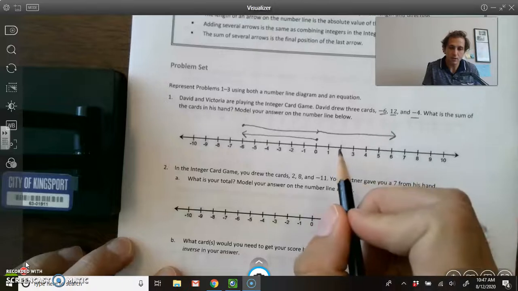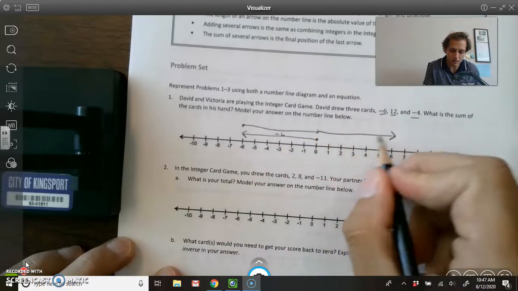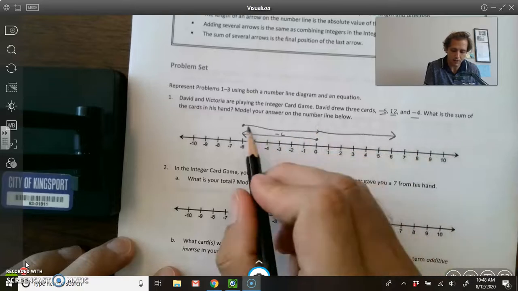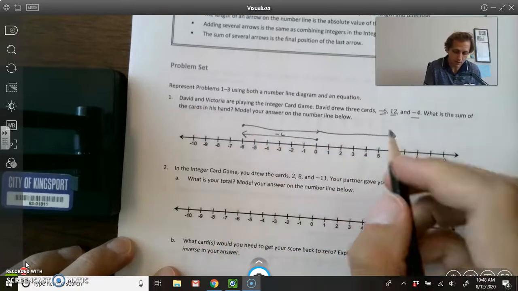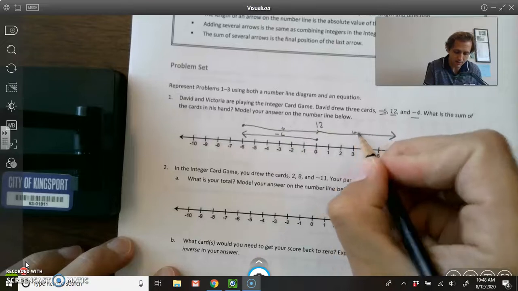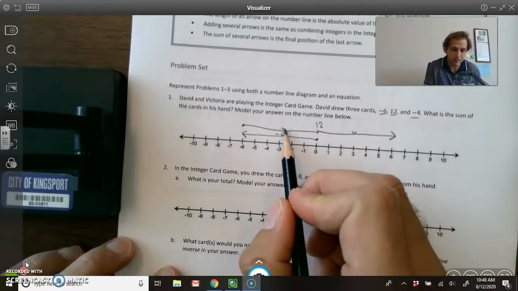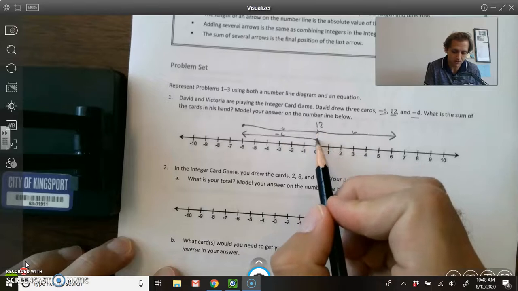One thing that's helpful, a strategy that we'll continue to look at, is if I decompose this vector. I know that this is a vector of 12, but I can think about it as 6 and 6, knowing that if I'm at -6, it would take 6 to return to 0.